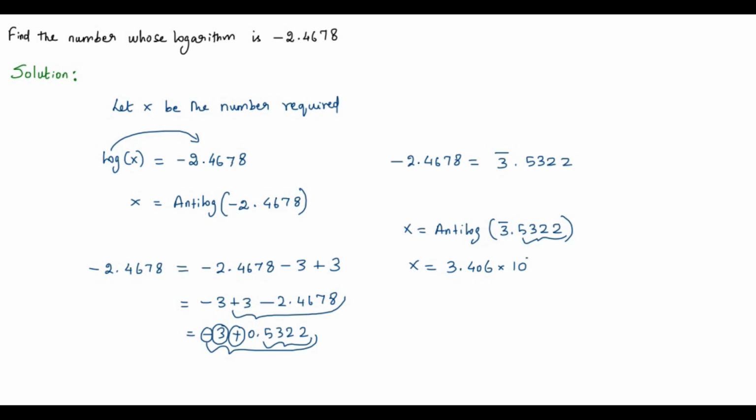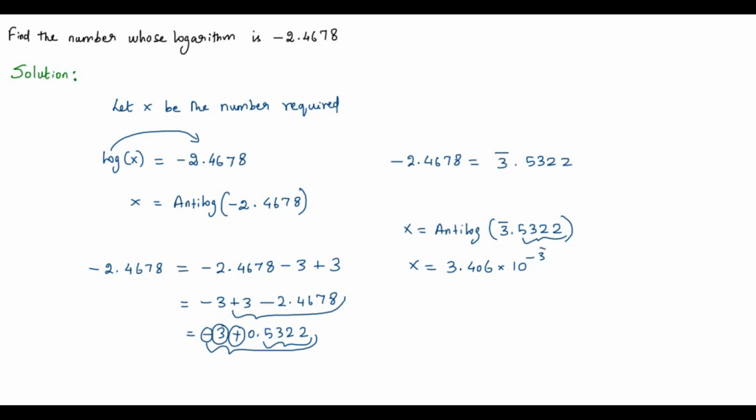Bar 3 is nothing but minus 3. This minus 3 should be taken as exponent for this 10. This is a procedure always we have to follow for the value we get from anti-logarithm table. So once we get a value from anti-logarithm table, it has to be multiplied by 10, and for this 10 we have to take the digit before the decimal as exponent. So here we have bar 3 as the digit before the decimal, that is nothing but minus 3.